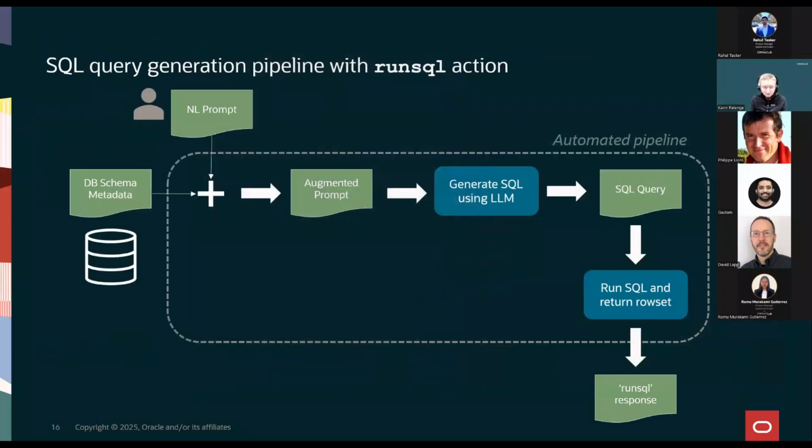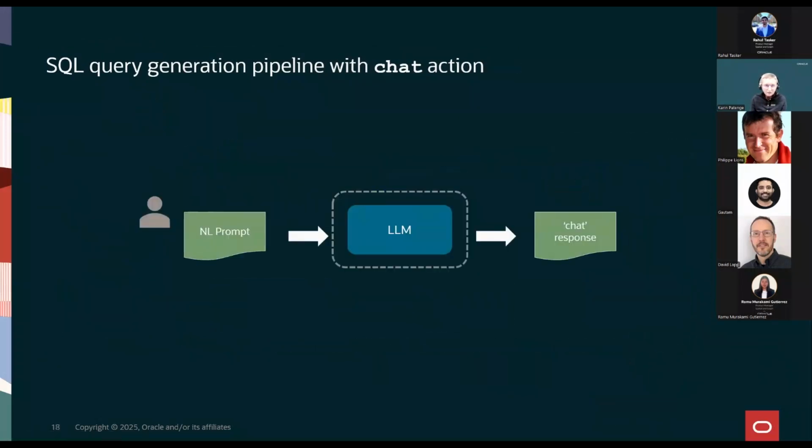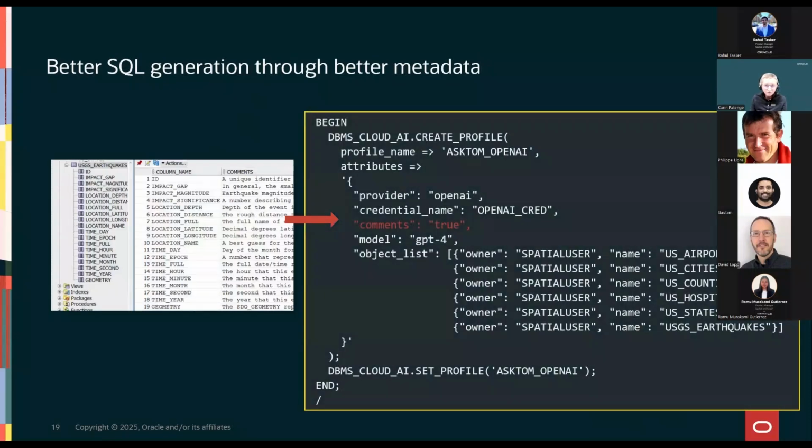Okay, and here is a visualization of the pipelines for the other actions like run SQL, narrate, and chat. And I just want to show you how you can define your profile in order to not only use the metadata telling which tables from which database schemas you want to use, but also to make your profile or the database aware of information about your tables and also about the columns within your tables.